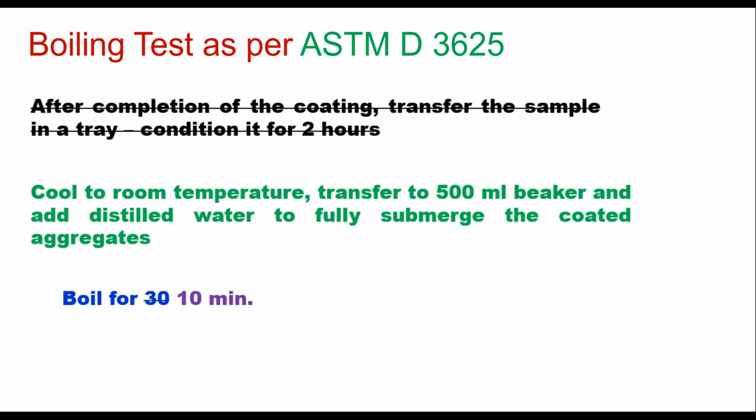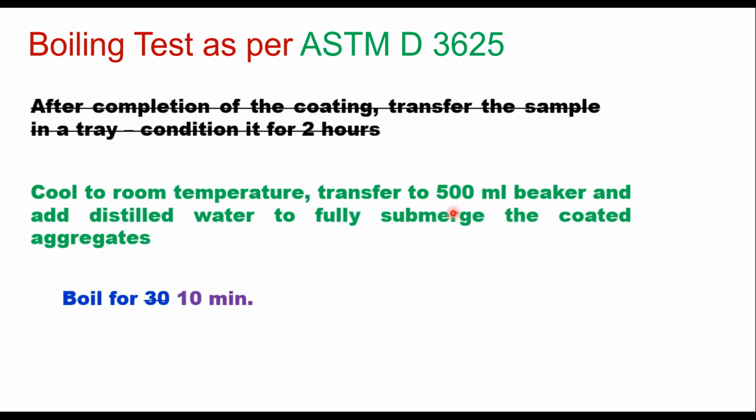So when you are preparing in the laboratory, take 200 grams of aggregate, 10 grams of bitumen, mix them properly and then cool it to room temperature in a tray. And it says that before transferring into the beaker, this mixture should be brought to the temperature of 85 to 90 degrees centigrade.